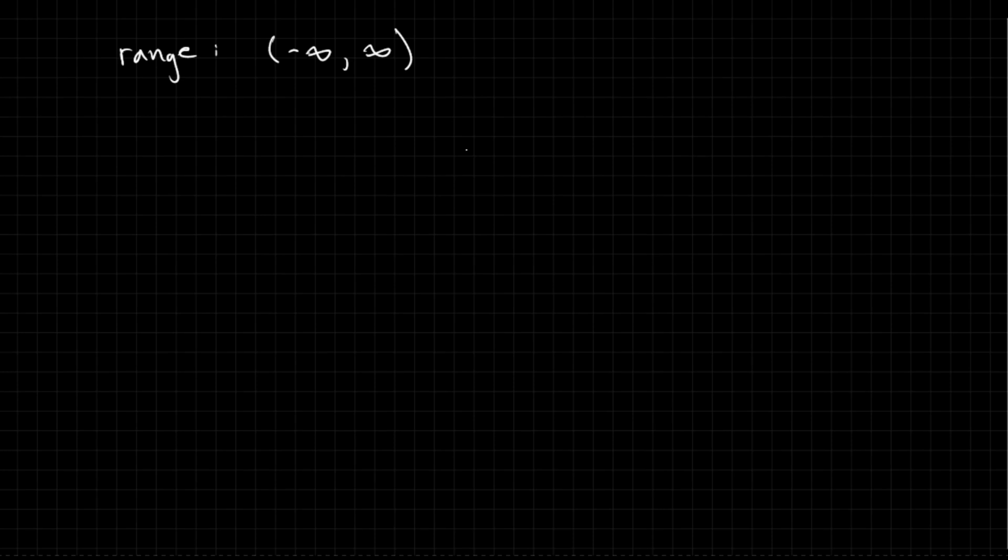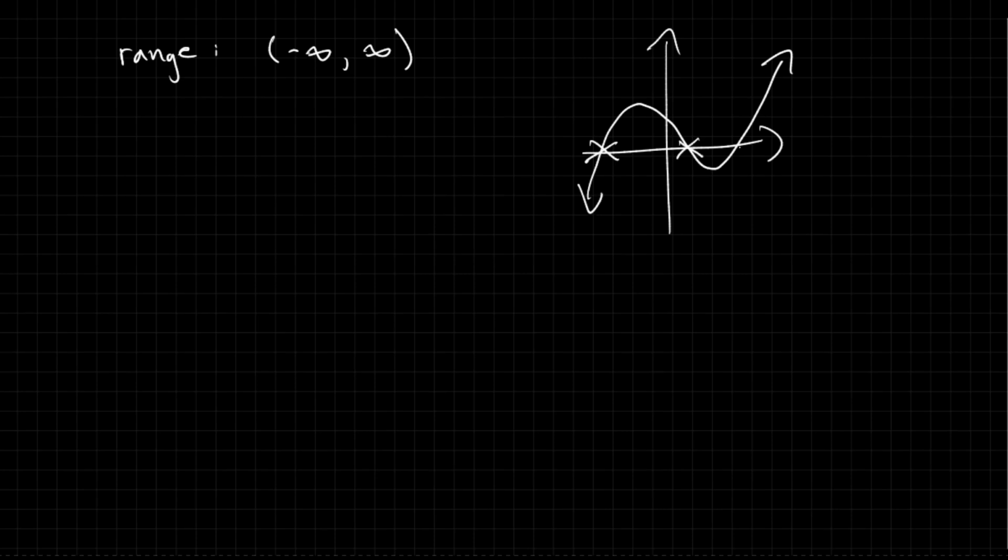Remember, if you have a function and you want to know its x-intercepts, that's where the function crosses the x-axis, then at these x-intercepts, y is equal to 0.